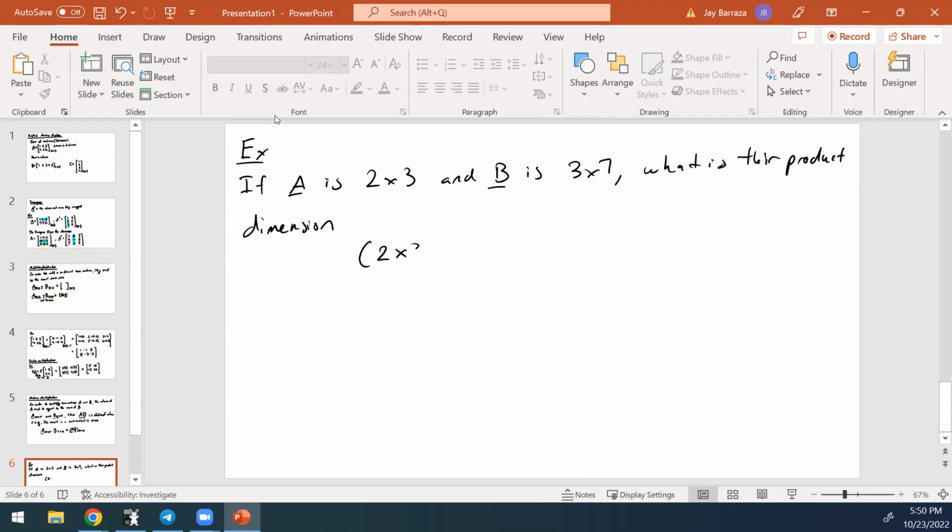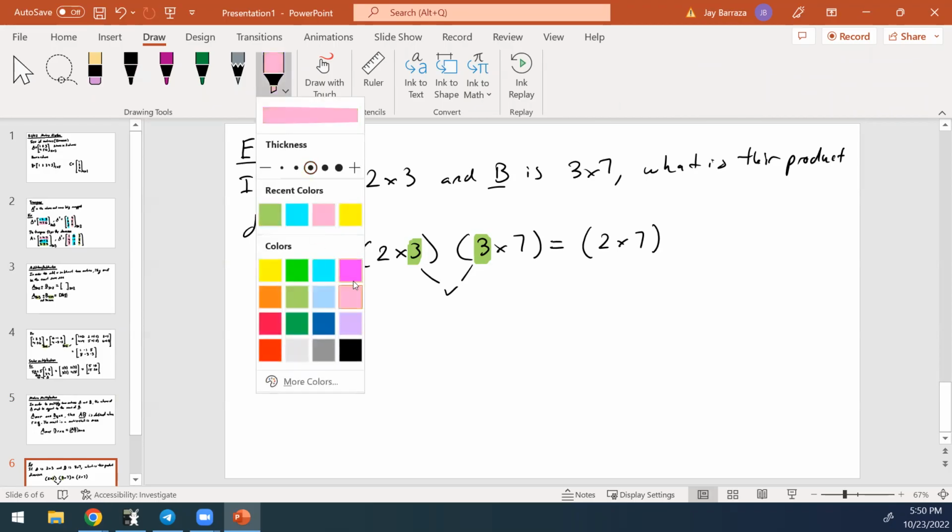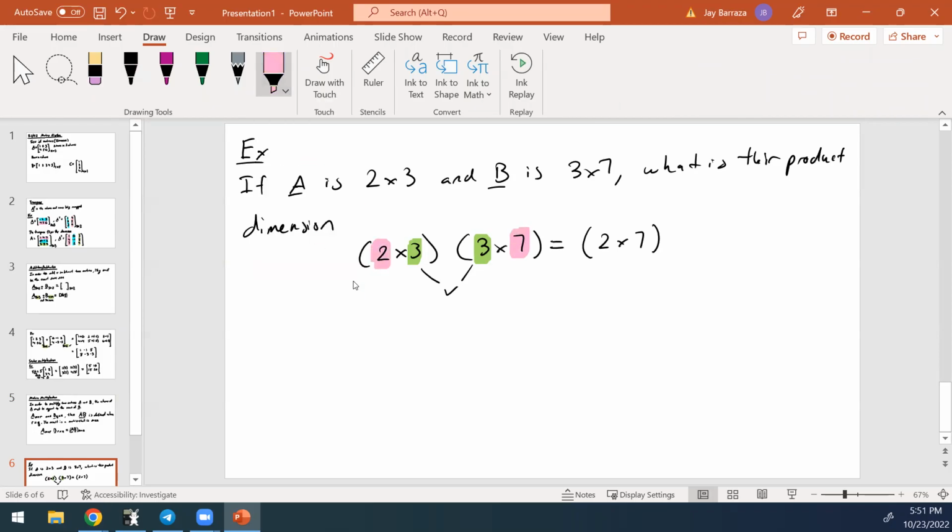So 2 by 3 times 3 by 7, right? So you ask yourself, okay, do these match? Yes. Or you can do like a little check mark. Check. And so this is going to be equal to 2 by 7, right? The two outside numbers. Like that. Okay? And you just got to keep track of that.